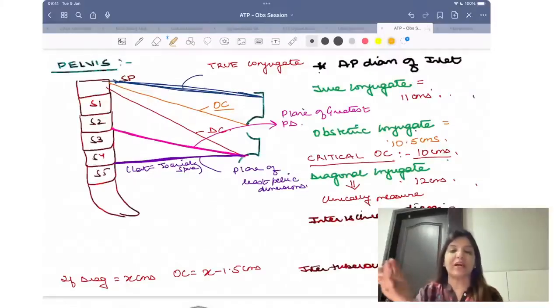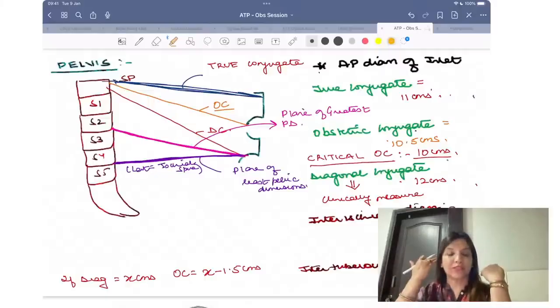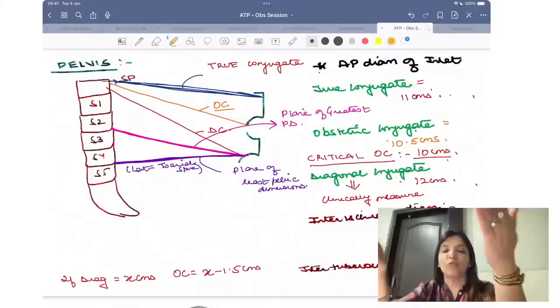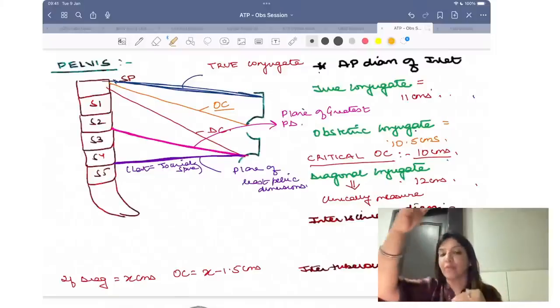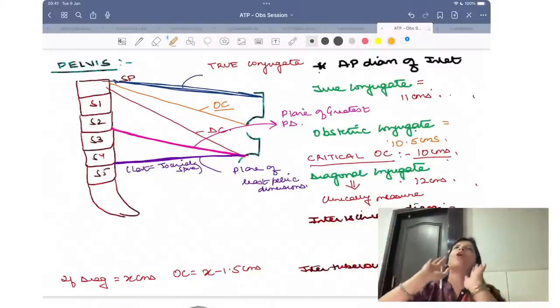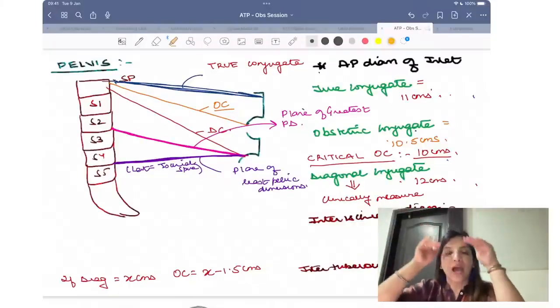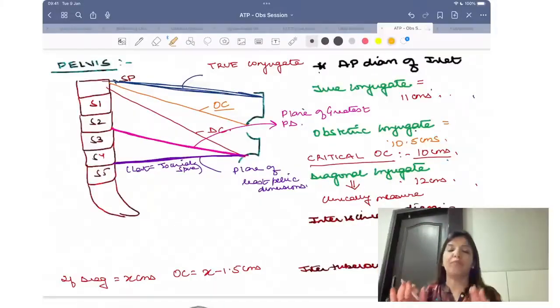What is the plane of greatest pelvic dimensions? Posteriorly S2 S3, anteriorly the pubic symphysis. Now make this plane of S2 S3 and pubic symphysis the roof of a room, and make the plane of least pelvic dimensions the floor of a room.